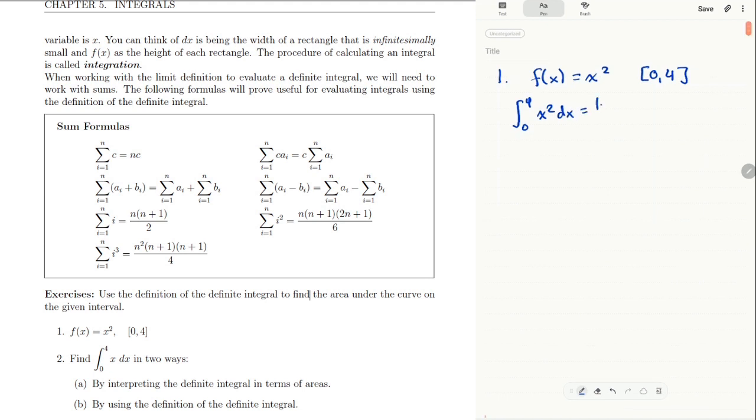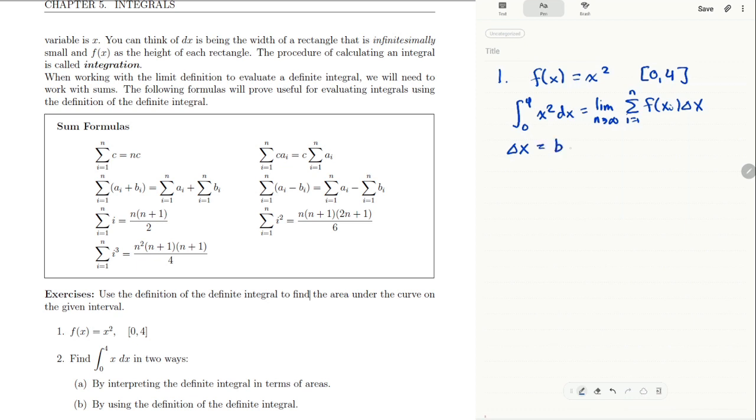And by the definition, this is the limit as n goes to infinity of the sum from 1 to n of f of xi times delta x. So to calculate this integral, we will need to find delta x and f of xi.